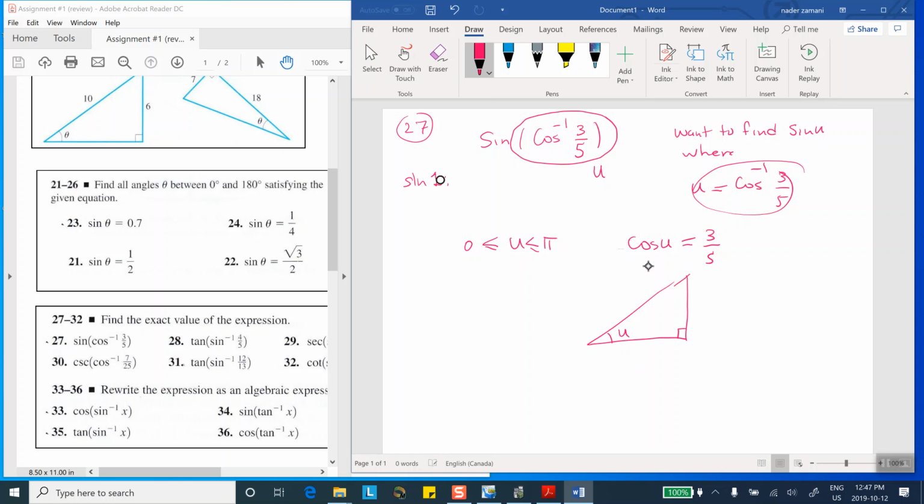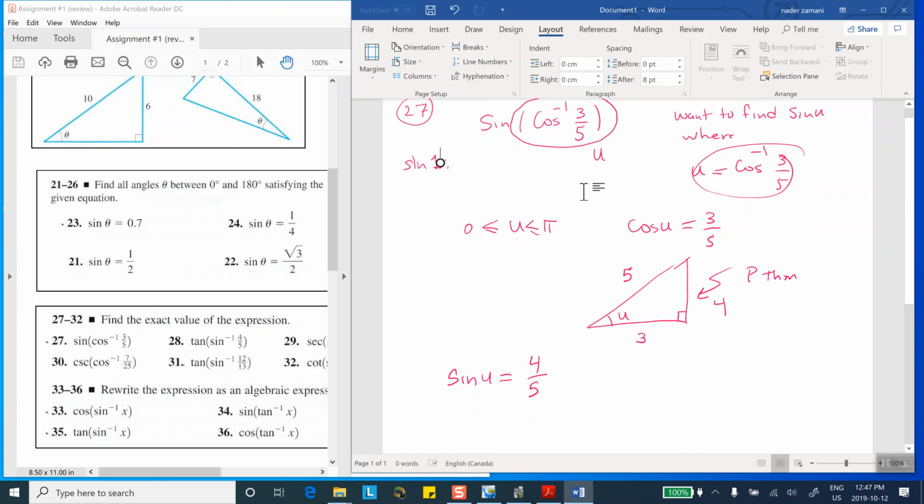The fact that cosine of u is 3 over 5 means that the adjacent is 3, the hypotenuse is 5, and therefore, based on Pythagorean theorem, this is 4. Therefore, sine of u is equal to opposite, which is 4, over hypotenuse, which is 5.